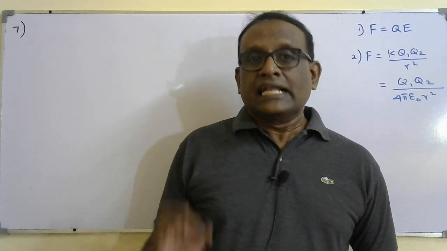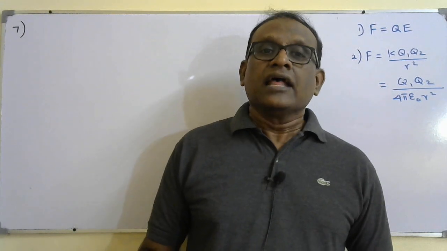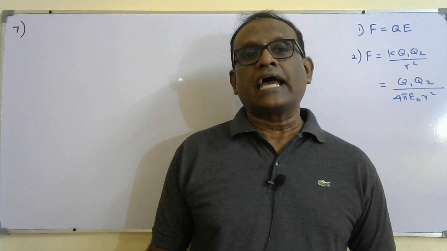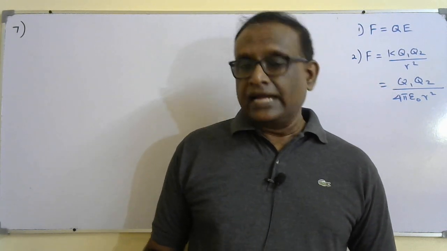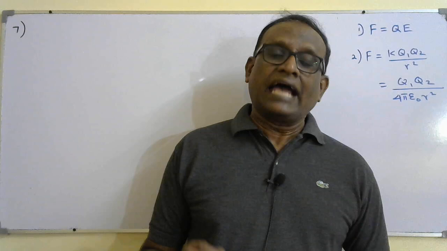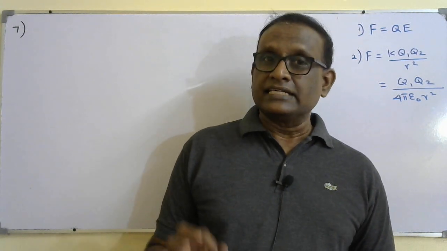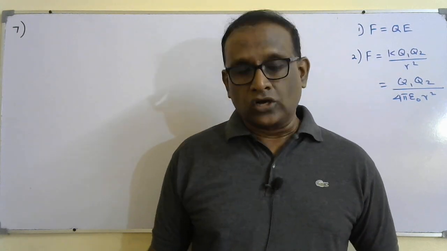Again, I am telling, the electric field line at a point indicates the direction of the resultant electrostatic force acting on a positive test charge, or the direction of the acceleration of a positive test charge. Don't say it indicates the direction of motion of a positive test charge, that is a wrong statement.